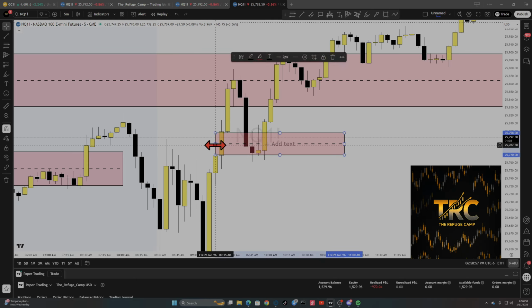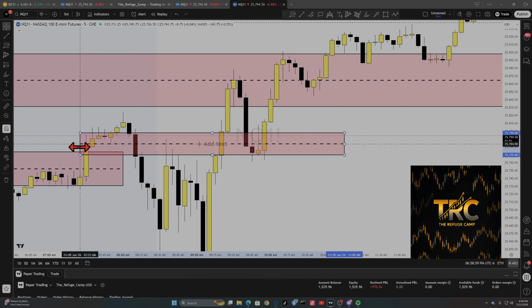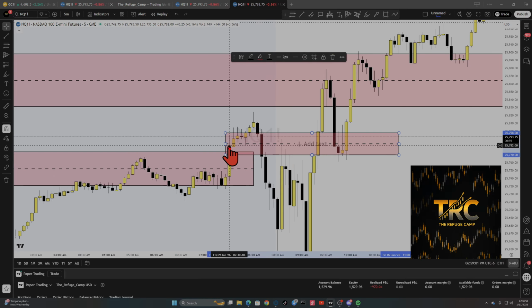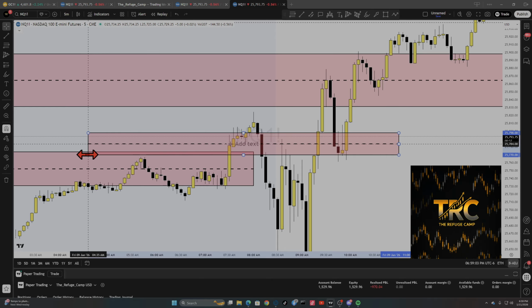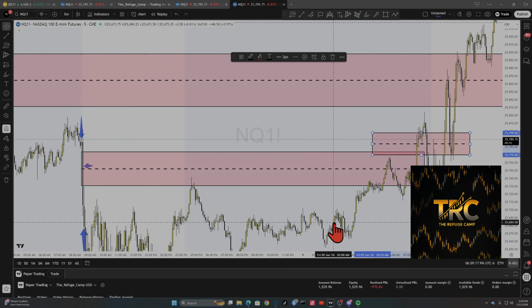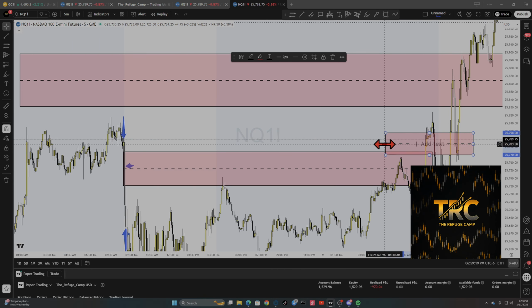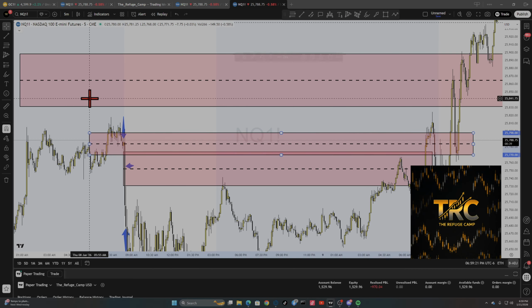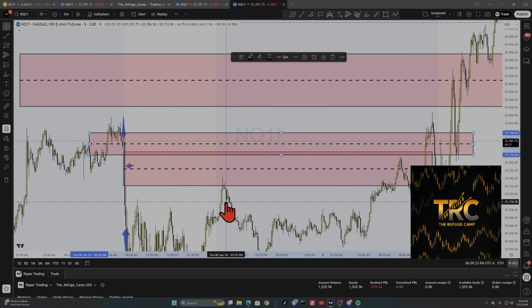But if we look left and we pull that box to the left, look at what price did underneath it, right? Still respected this as a zone, not a hard level. Any questions? Nope. Okay. Good.